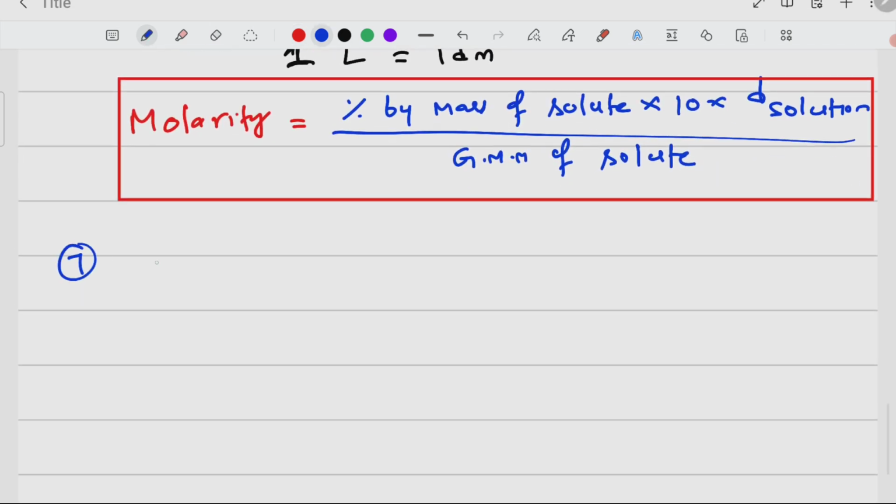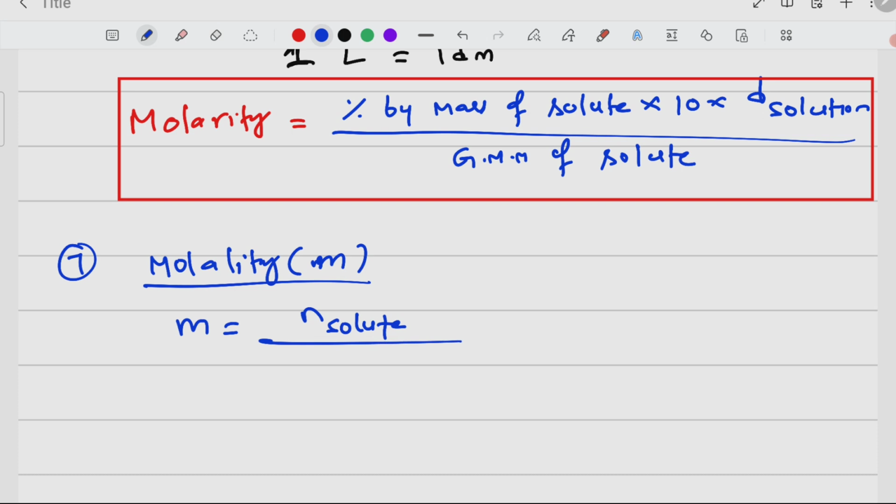Next, molality. How do we consider molality? There capital M, here small m. Under the molality definition, small m is equal to number of moles of solute.